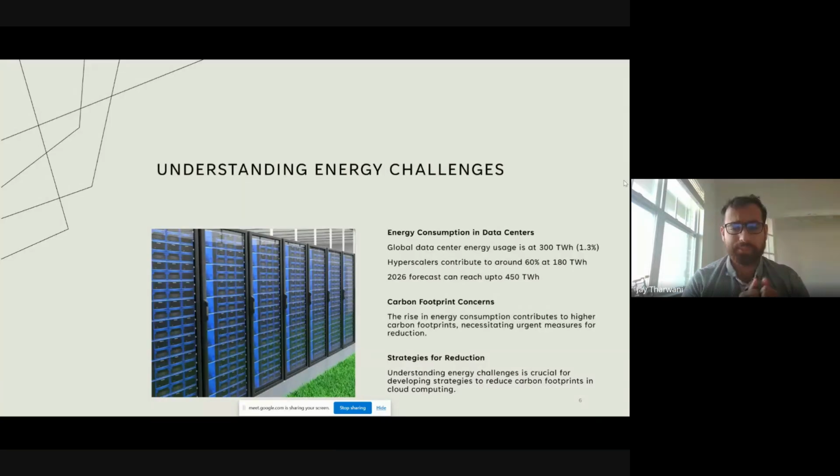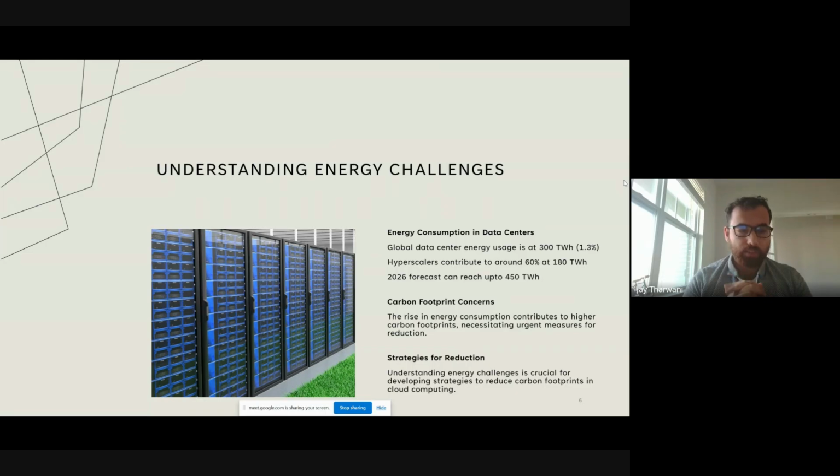And the hyperscalers, a term I'll use, which I'll refer to these giant cloud companies, AWS, Azure, GCP, and other providers, because they scale massive amounts of compute capacity at sites, so they will be hosting millions and millions of servers for other businesses to use, right? Now, this number is going pretty high, and the 2026 forecast is that it can reach up to 450 terawatt hours.